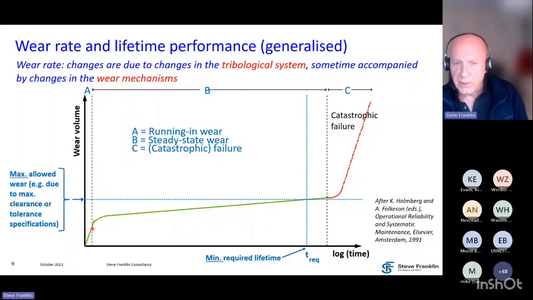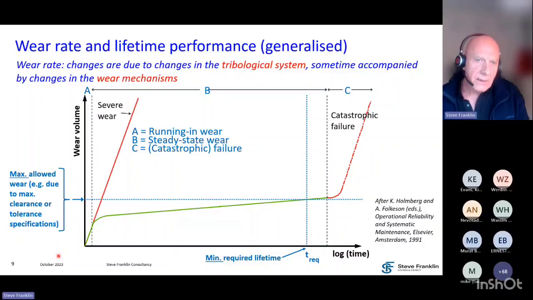And then if all goes well, that goes into a steady state area where you have a much lower wear rate over time. And then finally, something happens and it fails, sometimes catastrophically, and the wear rate shoots up again after a certain time. Hopefully that occurs after the minimum required lifetime has occurred.